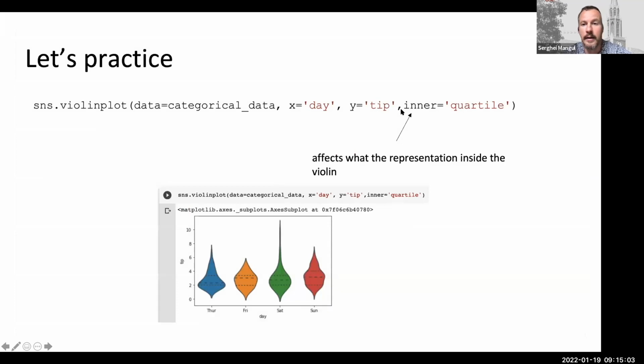You need to use this parameter, inner equal to quantile. Then that will be the median, and the 50% range will be here. If you like this kind of option for whatever reason, that's fine, you can use it.